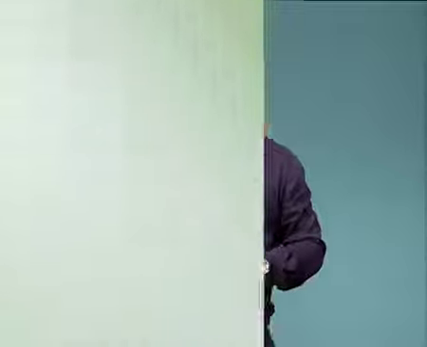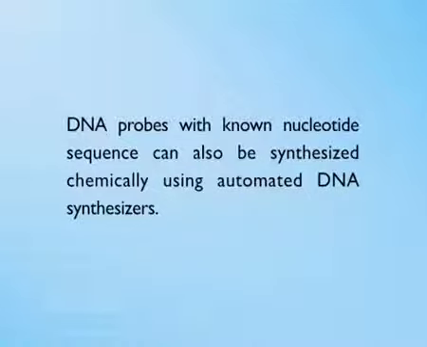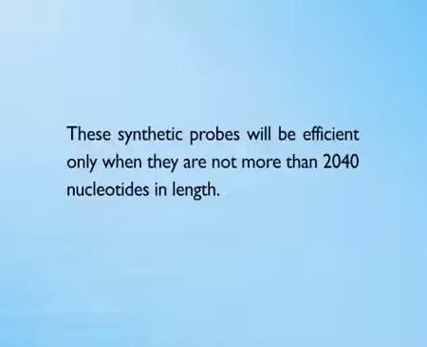In another means of generating molecular probes, synthetic oligonucleotides and PCR amplicons can also be used as probes. DNA probes with non-nucleotide sequences can also be synthesized chemically using automated DNA synthesizers. These synthetic probes will be efficient only when they are not more than 20 to 40 nucleotides in length. Probes can also be synthesized and labeled at the same time using PCR.